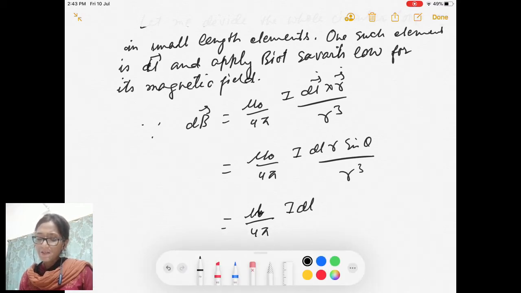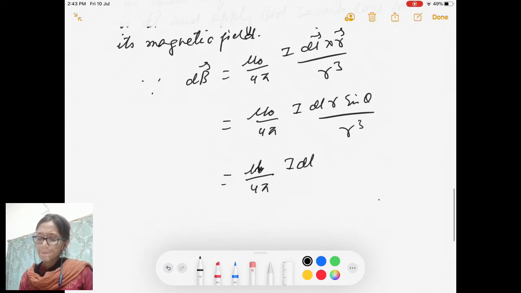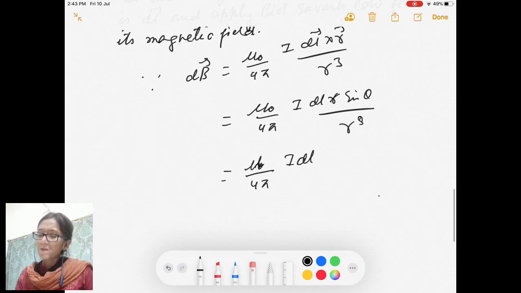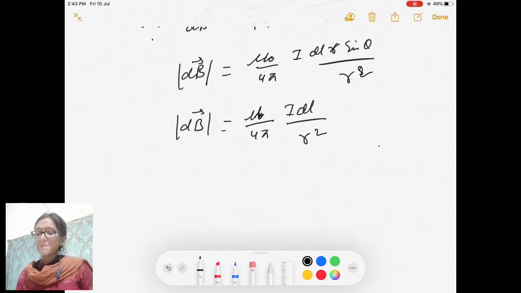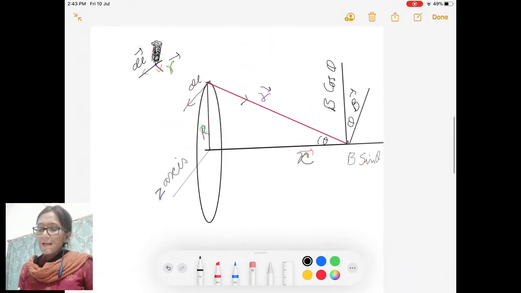Okay, there is one mistake. This r should be cancelled then. Okay, now it's okay, dl upon r square. So dB has magnitude this much. Here I have written only magnitude. I have not written its direction.